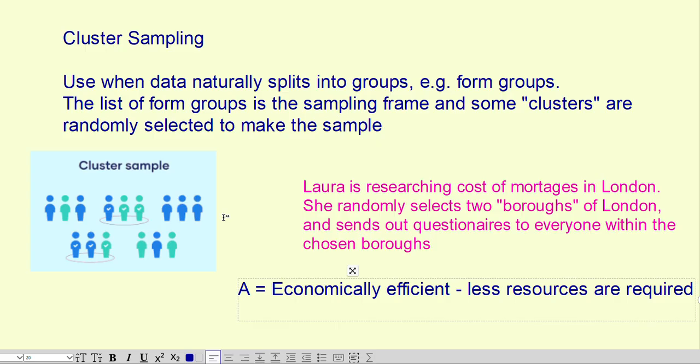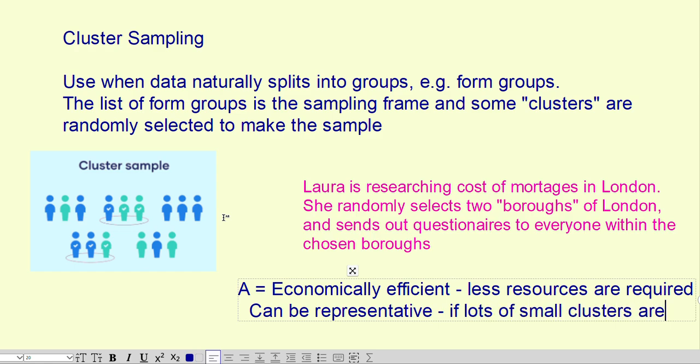And it can be representative. And this is very dependent on how many small clusters are sampled, okay? So it can be representative if lots of small clusters are sampled.